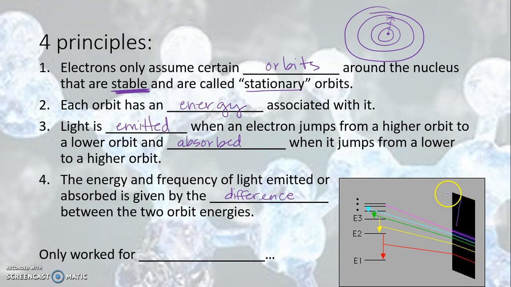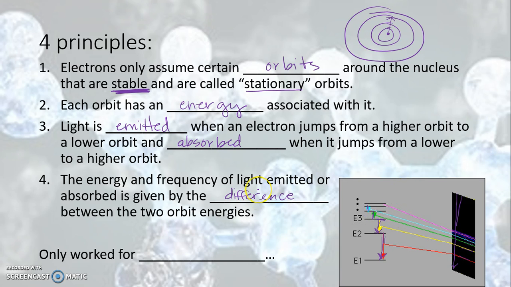Now, if it was an absorption spectra, it would be continuous color, and then these lines right here would be black because the light would be absorbed. Anyway, so this yellow corresponds to a difference in energy levels between 2 and 3, and the red corresponds to a difference in energy levels. The green is a difference in energy levels, the blue, and so on and so forth.